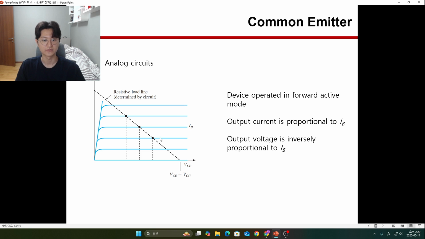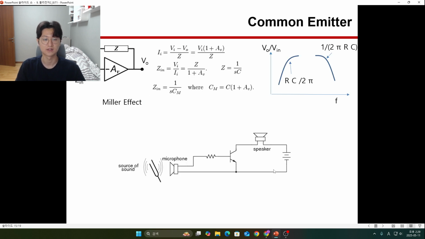We input the base current, some AC signal, then the output collector current and VCE will be amplified through this BJT. If we use the BJT as an emitter, we can see the Miller effect.